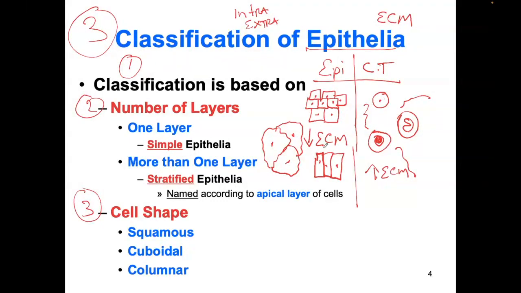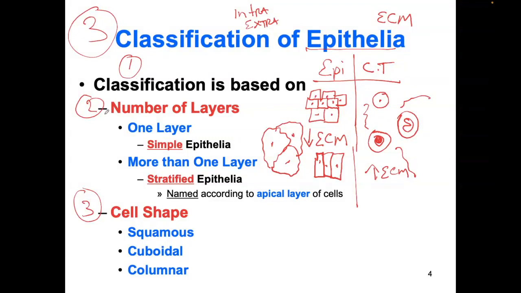Does it have little extracellular matrix, or does it have a lot of extracellular matrix? If they're closely packed together and there's little space between them, it is safe to assume we're looking at epithelium. So that's the first question.